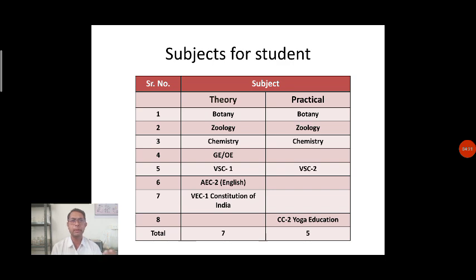And when we look at the practical part, there will be practicals of botany, zoology and chemistry that the student is required to select.